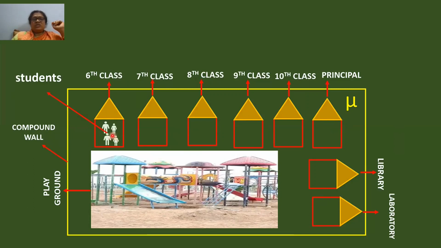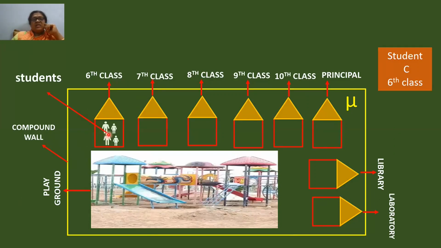So these are the students. These students are sitting inside the classroom. So you can say that these students are a subset of the class 6. So these students are located inside the classroom.